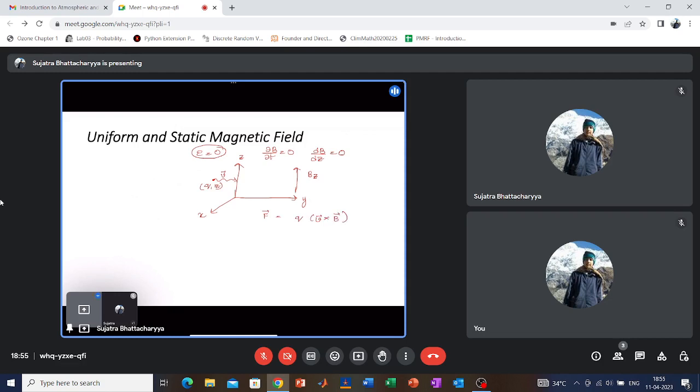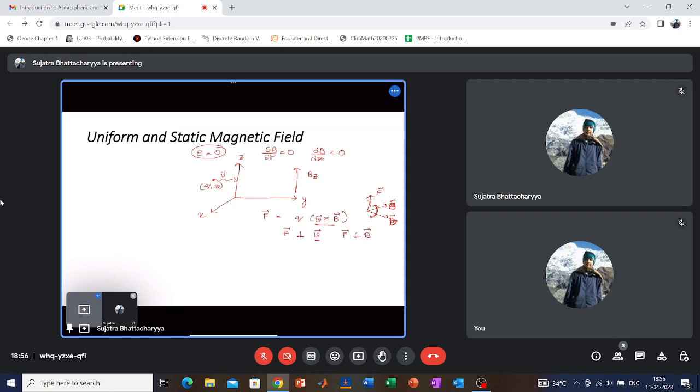Now, V cross B: suppose V is here and B is here, then the force is in the direction given by the cross product. This force is perpendicular to both V and B, but the displacement will be in the direction of the velocity.